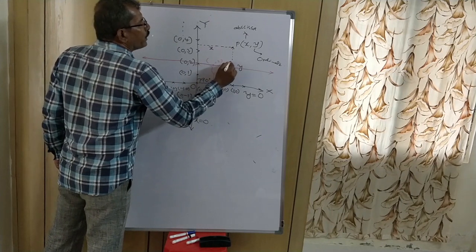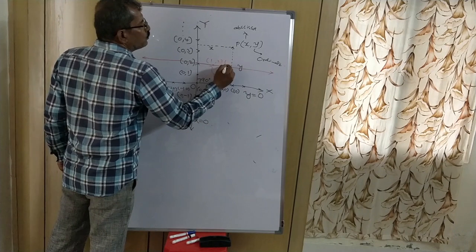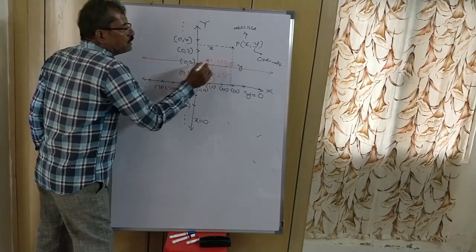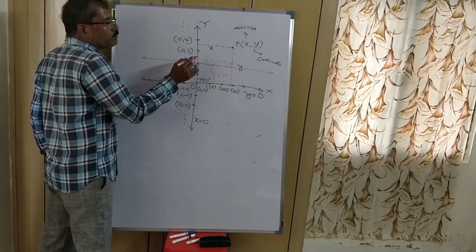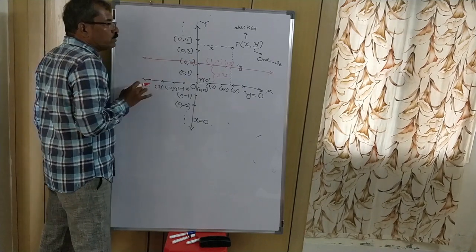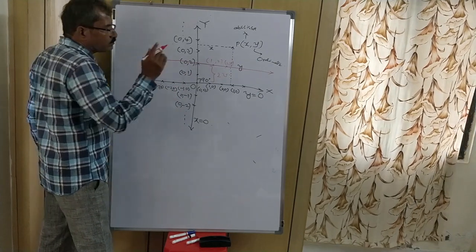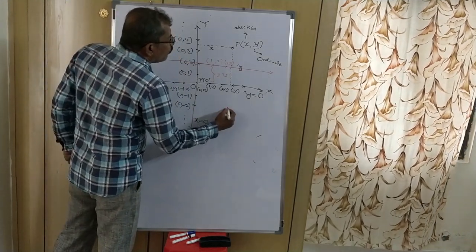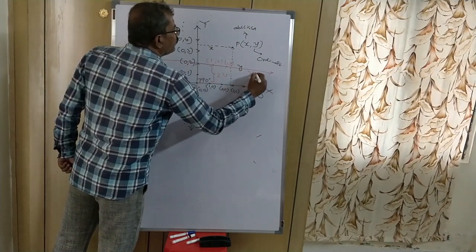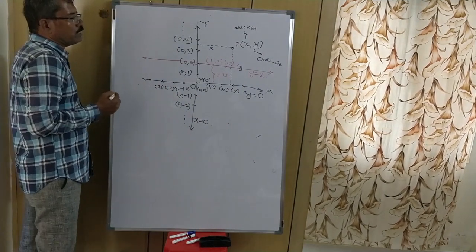This one is 1, 2, this one is 2, 2, and 3, 2. Like that the ordinate doesn't change, so the distance from the x-axis doesn't change. The line parallel to the x-axis is called the horizontal line. This is the line y is equal to 2.